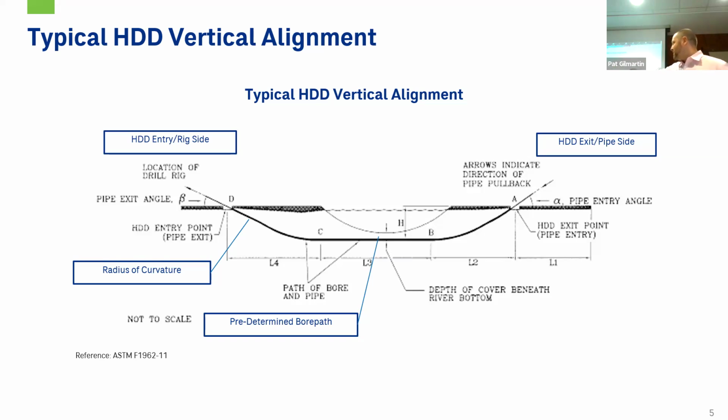Occasionally you get a straight segment underneath wherever you're going and then come back out the other side on the pipe side. And so for that, you're typically wanting to do a predetermined bore path where you're figuring out how deep under whatever object you're going, whether it's a river, wetland, or utilities, prior to determining how long you need for your drill, because getting to that depth with those shallow angles is very important in the design of your HDD.